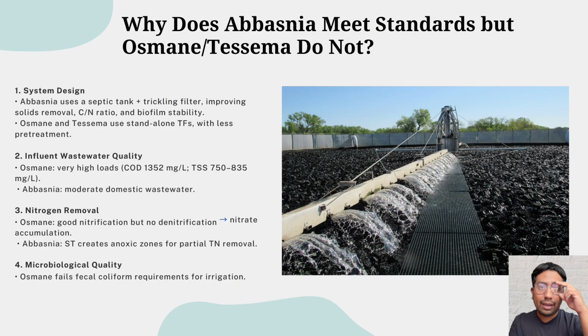Third, Usmain also fails to meet fecal coliform limits, which is a major barrier for irrigation reuse. So overall, the differences in system design, influent strength, nitrogen pathways, and microbial indicators explain why the articles reach different conclusions.